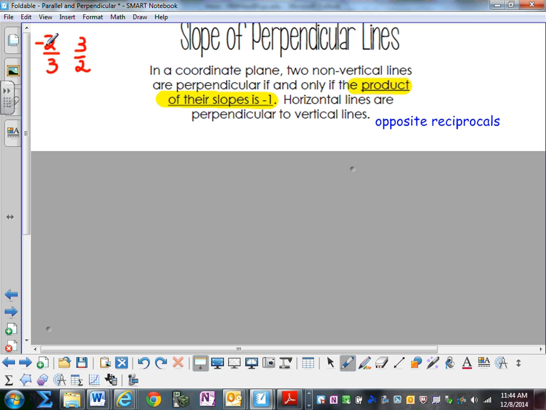So the opposite reciprocal of -2/3 is 3/2. And if I were to multiply those two numbers together, I would get -6/6, which is -1. And that's the relationship of the slopes of perpendicular lines.